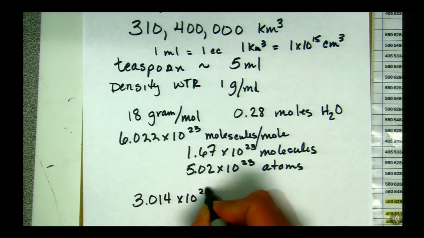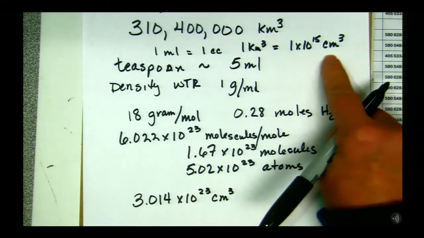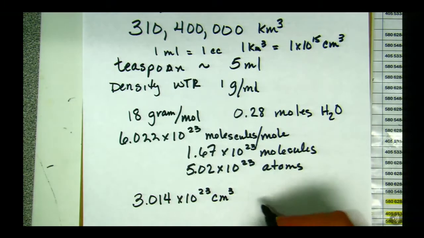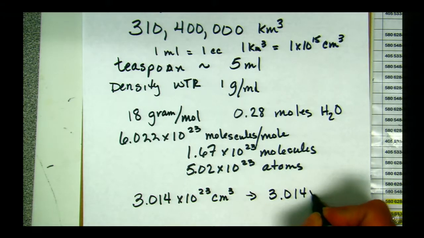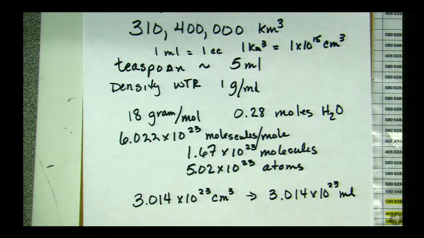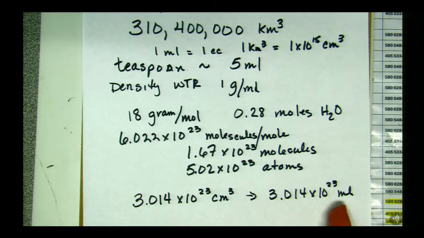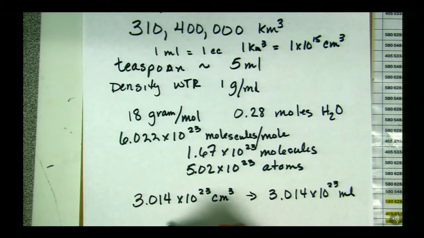And 1 centimeter cubed is 1 milliliter, so this gives me 3.014 times 10 to the 23rd milliliters. There are 5 milliliters to a teaspoon, so I divide that number by 5, and I get 6.208 times 10 to the 22nd teaspoons.